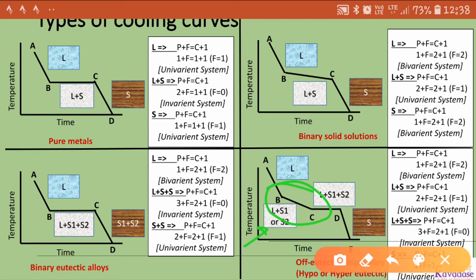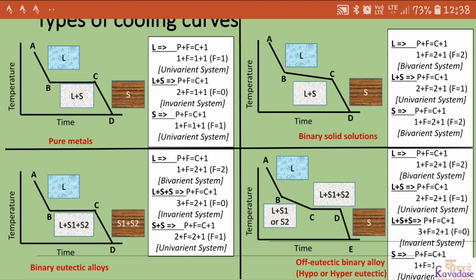And the solid metal we can separate out or identify, means there are 2 phases. So P equal to 2 here, and components C are 2, the components are constant here, they cannot change. So in this L plus S you can see P equal to 2 and C equal to 2, and we will get F equal to 1, means univariant type of system.